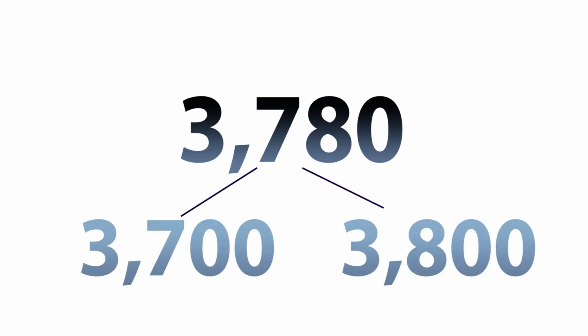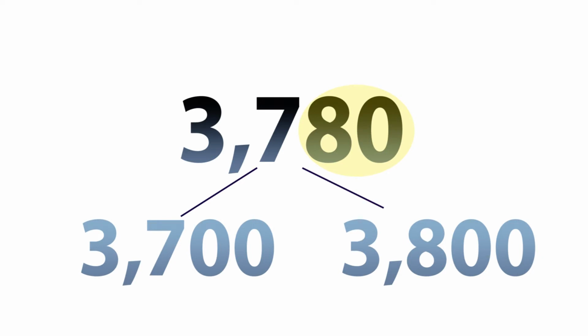When rounding a number like 3,780, you need to decide which two multiples of 100 your number could be rounded to. Your possibilities for this number are 3,700 or 3,800. Our original number has an 8 in the tens place and a 0 in the ones place.